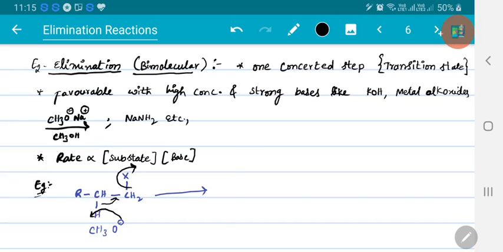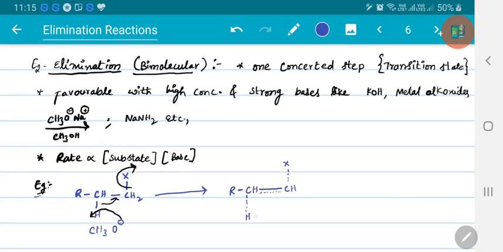Now this leads to product formation. Here the product formation will be, of course, a concerted mechanism. So the CH bond is breaking partially, and here bond formation is occurring partially, and this leaving group is trying to leave partially.